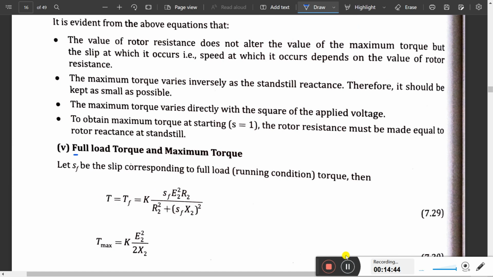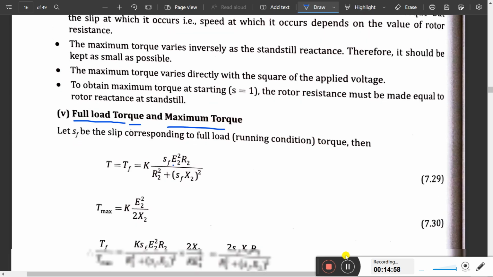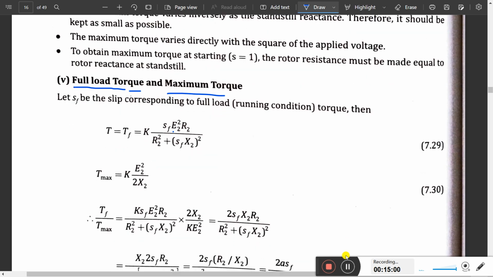As of now, we discussed the last one, full load torque, and maximum torque. The relation between these two: the full load torque is equal to S_F E2 square R2 by R2 square plus (S_F X2) whole square, and the maximum torque is equal to E2 square by 2 X2.